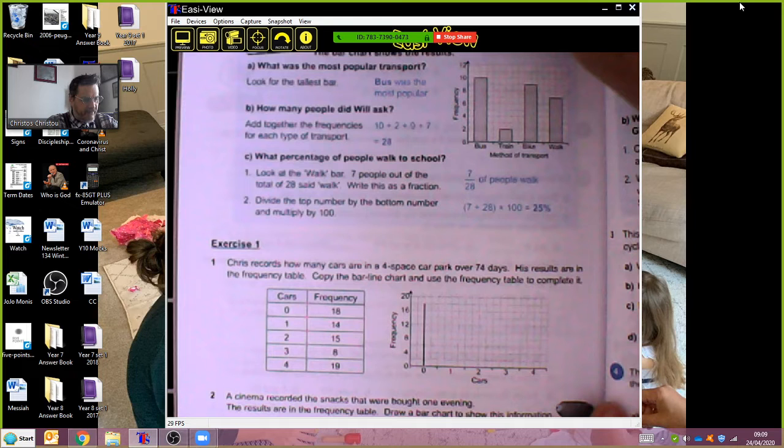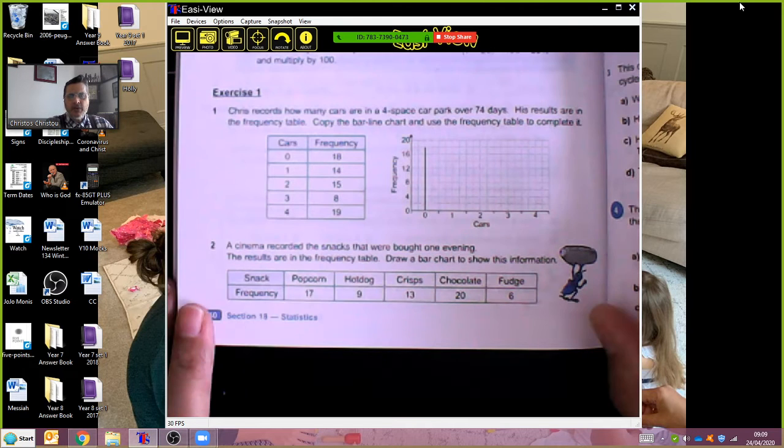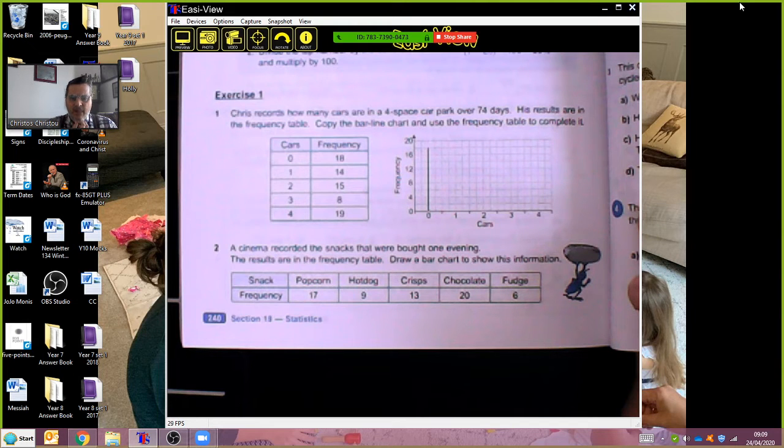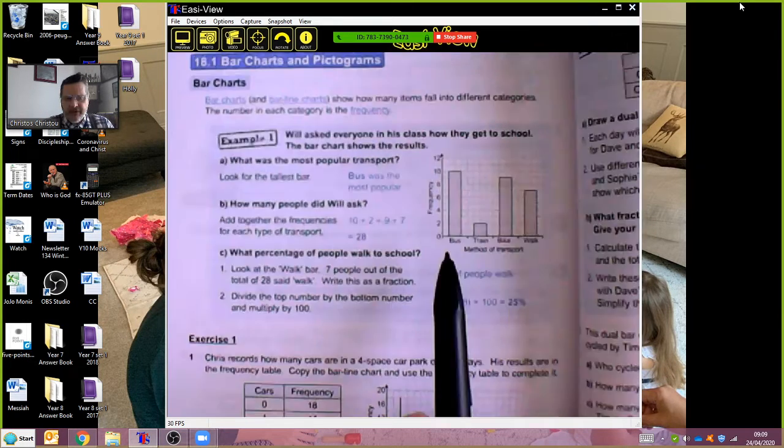Now for question 2, they actually do want a proper bar chart. A spinner recorded the snacks that were bought one evening. The results are in the frequency table. Draw a bar chart. In other words, he wants one of these.